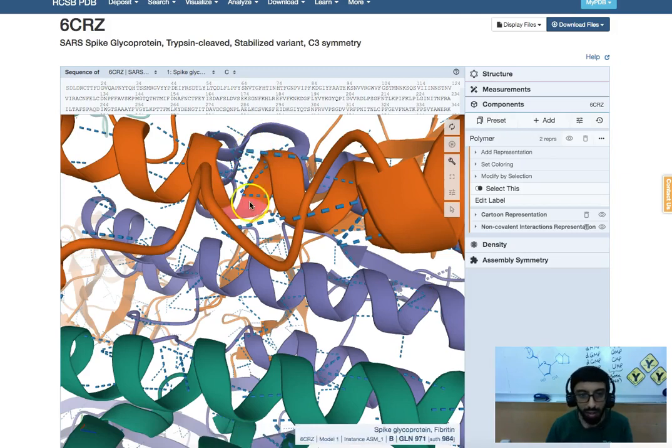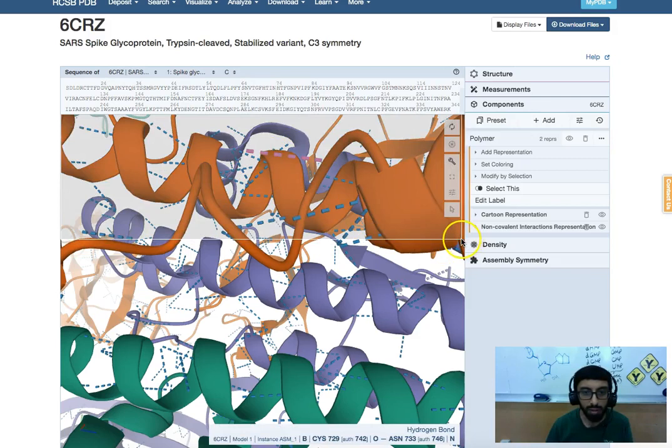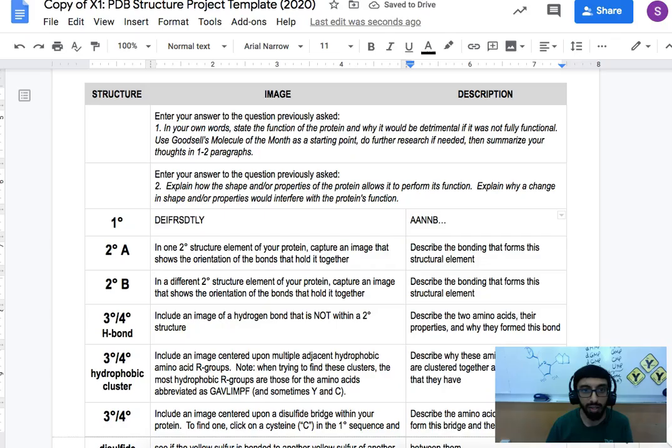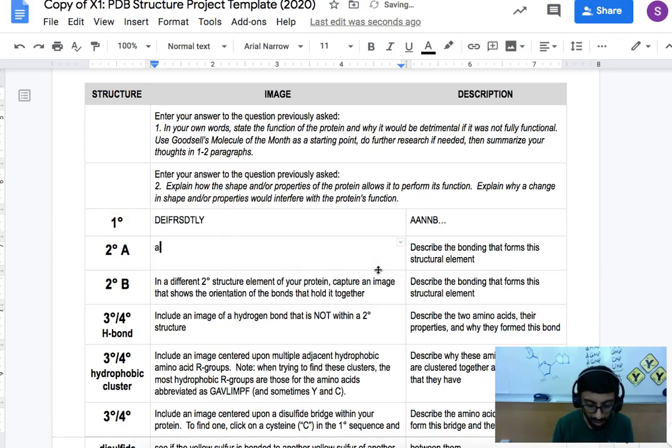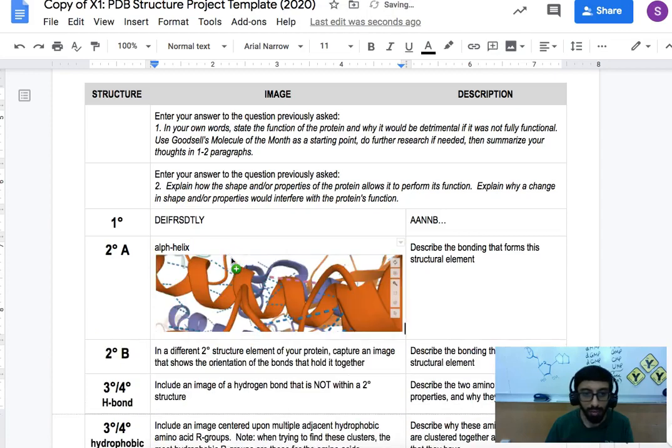Sure, I'll do this. I'm going to capture this region like so. And that image I'm going to drop into this document. So for example, I'll just delete this section and I'll say alpha helix, and I'm going to drop in that image right there.